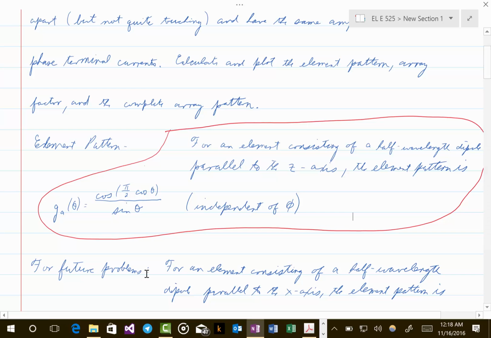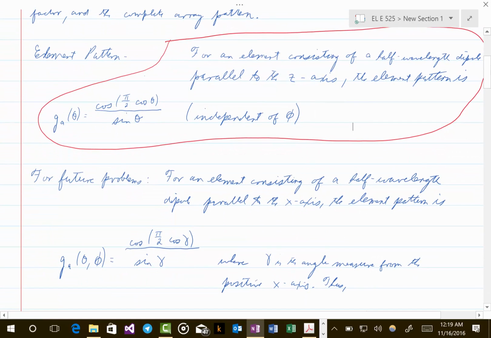So let me call your attention to another point here, which is that if we had a half wavelength dipole that was parallel to the x-axis instead of being parallel to the z-axis, then the element pattern would have a similar form to this, cosine of pi over 2 cosine gamma divided by sine gamma, where gamma would be the angle with respect to the positive x-axis, just as up here theta is the angle with respect to the positive z-axis.